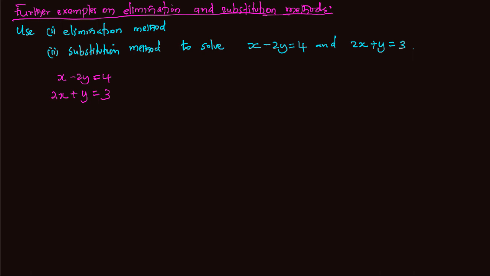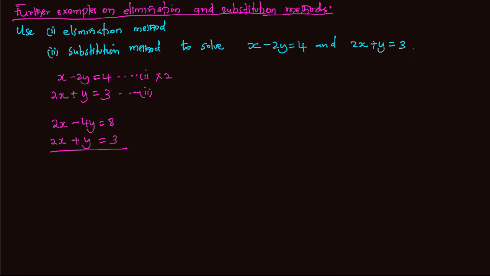So using elimination method, we can eliminate x by multiplying equation 1 by 2 to make the coefficients of x equal. So when we do that, the equation becomes 2x minus 4y is equal to 8, 2x plus y is equal to 3.